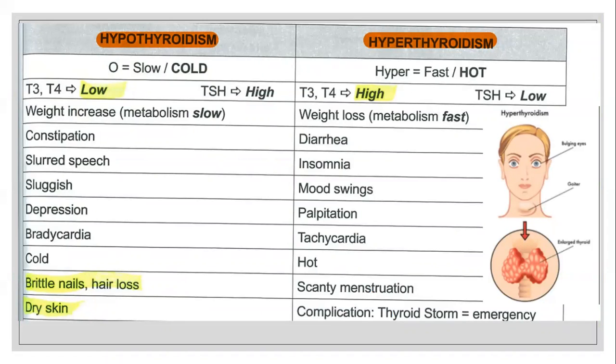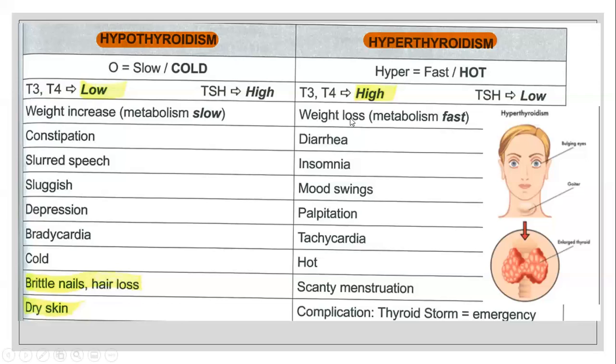In this table, we can compare and contrast the signs and symptoms of hypo and hyperthyroidism. In hyperthyroidism, everything is hyper, meaning fast, and the patient feels hot. T3 and T4 are high, but TSH is low because of the body's compensatory mechanism.